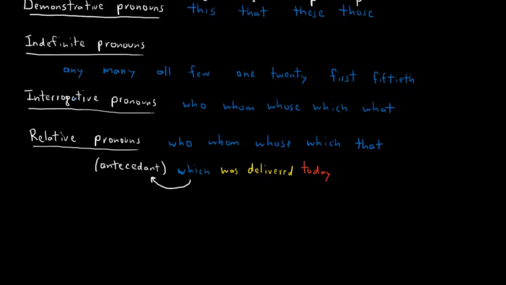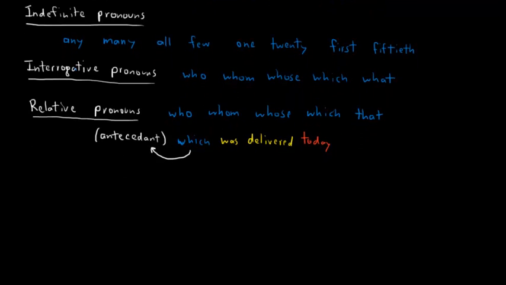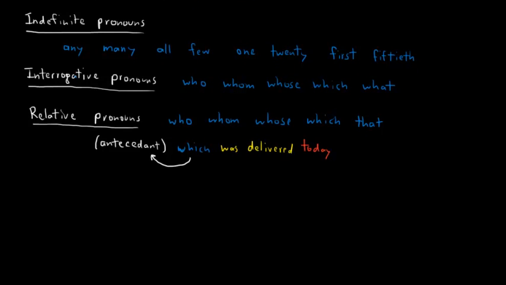Okay, and then finally, I'm going to give kind of two oddballs because they really don't have antecedents. The empty it and existential there. Okay, and these don't really have an antecedent, but they're used to give a subject where we might not be able to figure out what it ought to be.